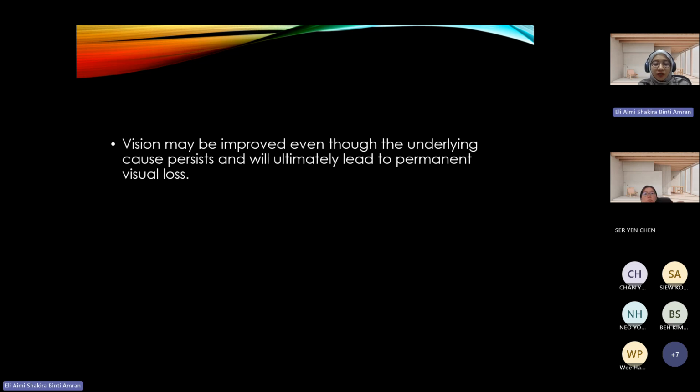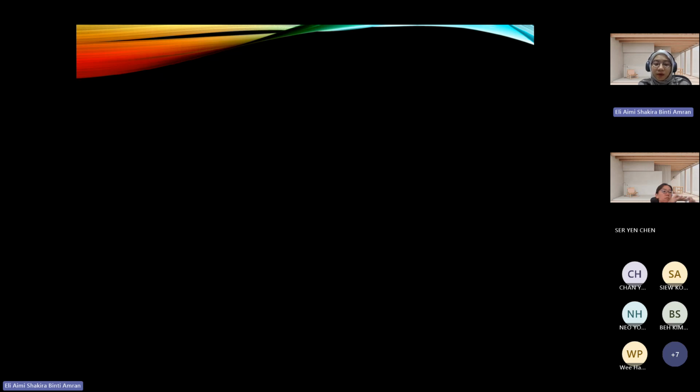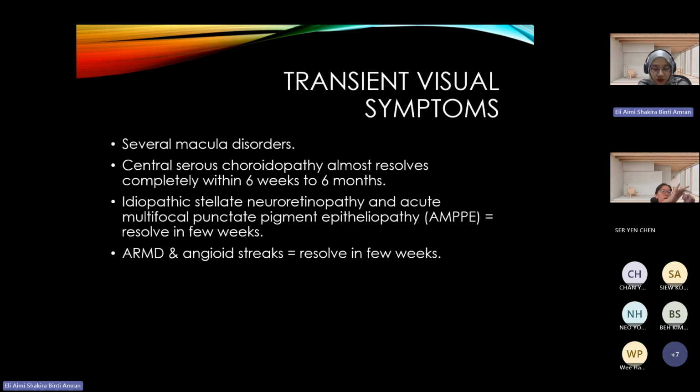So vision can be improved even with the underlying cause persisting. And of course, ultimately, it will lead to permanent visual loss. But for this condition, patient is already having it. Patient is already having CSC, neuroretinopathy, pigment epitheliopathy, ARMD, and angioid streak.